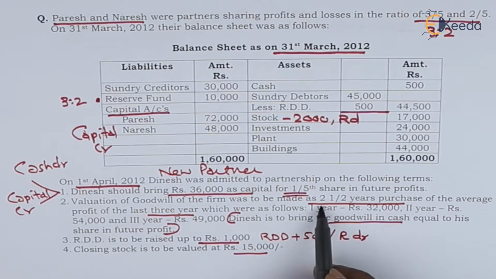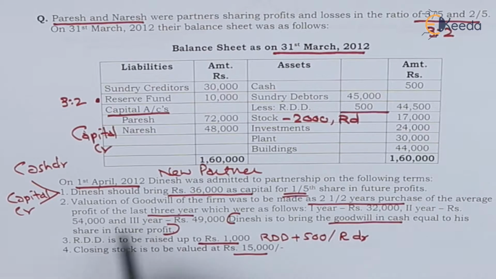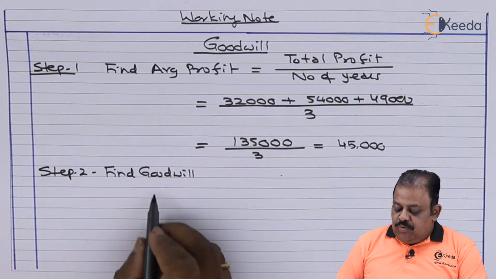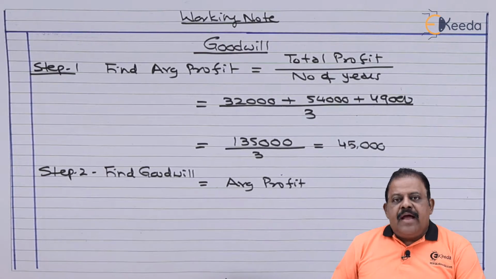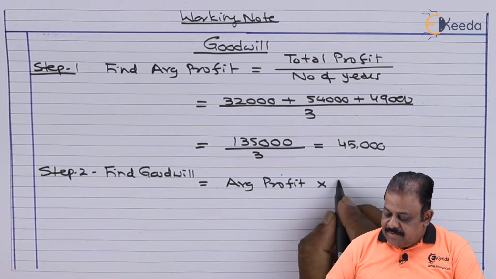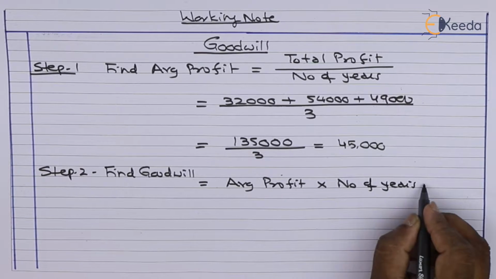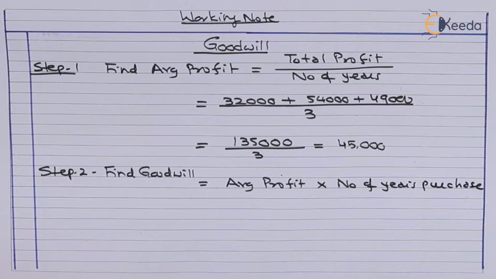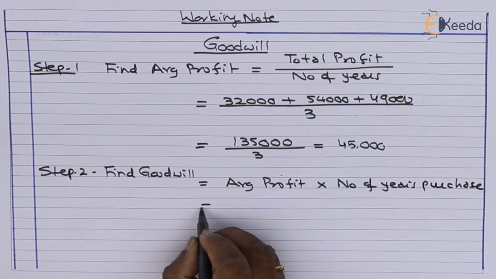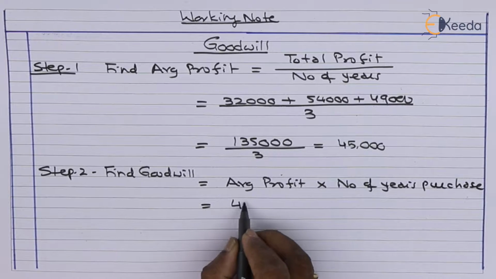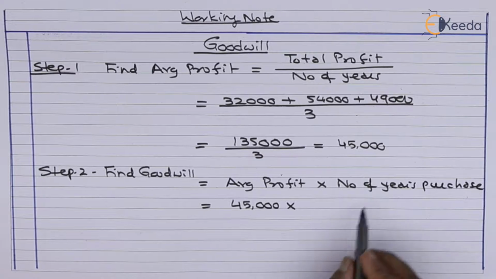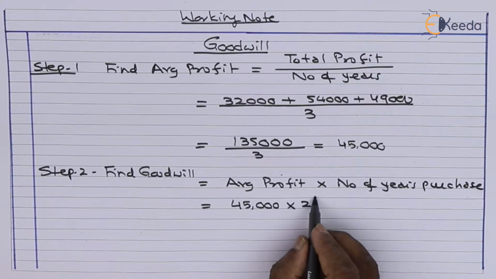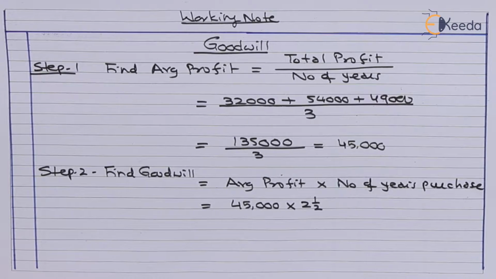Goodwill of the firm was to be calculated at 2.5 years purchase of average profit. Step 2, find goodwill. Average profit multiplied by number of years purchase. Average profit 45,000 multiplied by number of years purchase, that is 2.5.